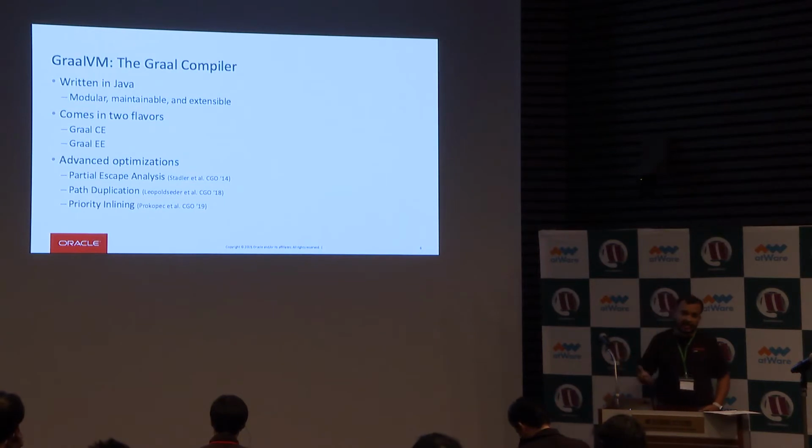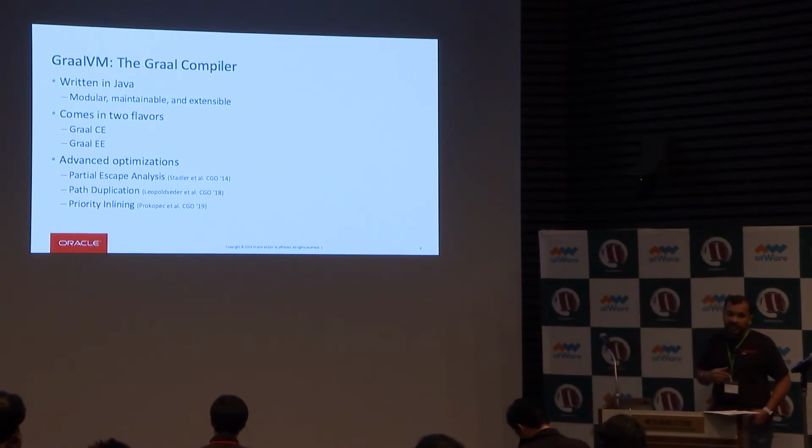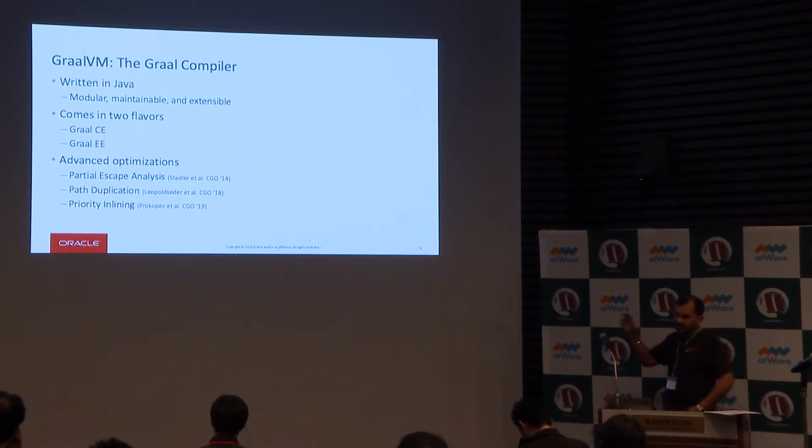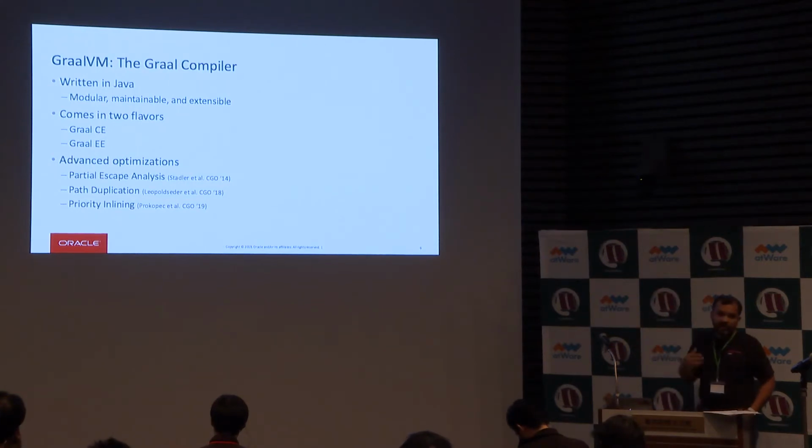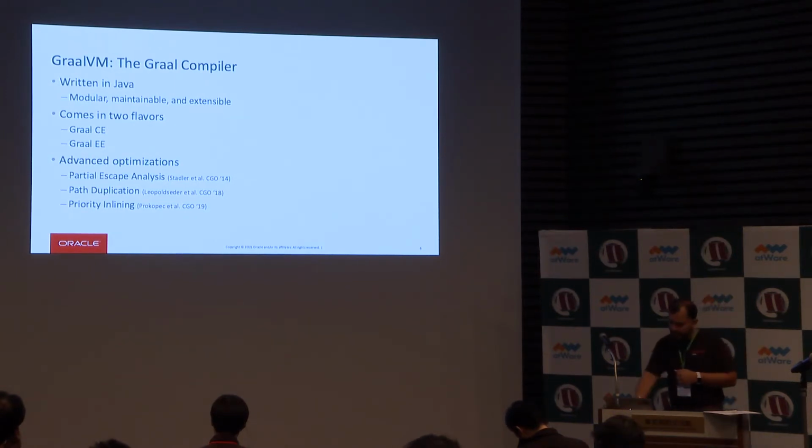So now you have partial escape analysis. You have things like path duplication, and also priority inlining and so forth. It's not happening one at a time, but you're actually having all these optimizations working in tandem together as well, right? So that's a key part of how it's actually done.